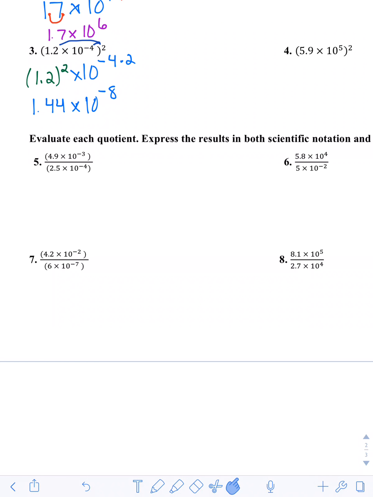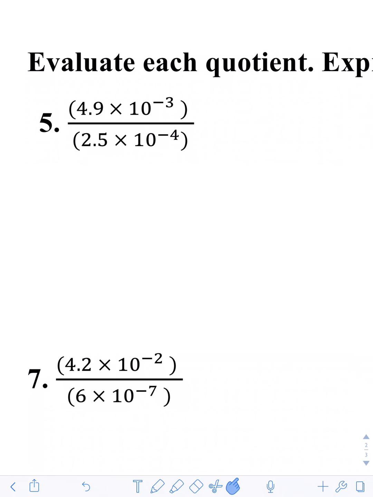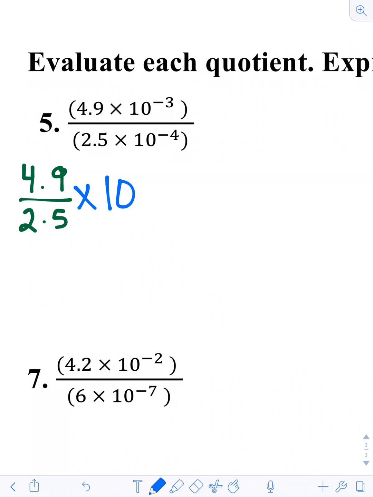So I'll do 2 more. I'll do number 5 and number 8. So number 5, we're going to go ahead and divide. Let me write this out first. So you have 4.9 divided by 2.5, and we're going to do this times 10 to the negative 3. Now remember, when dividing, you subtract your exponent.